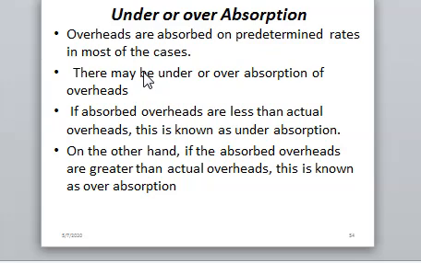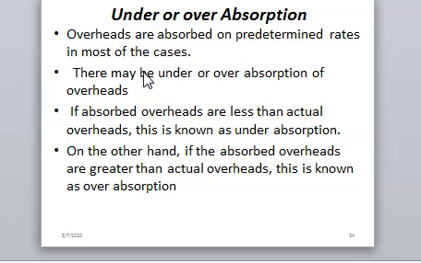Let me introduce this one briefly, under and over absorption. We shall discuss it in more detail when we are looking at marginal costing and absorption costing. When we talk of under absorption, because when we are calculating an overhead rate, we use a standard estimate.